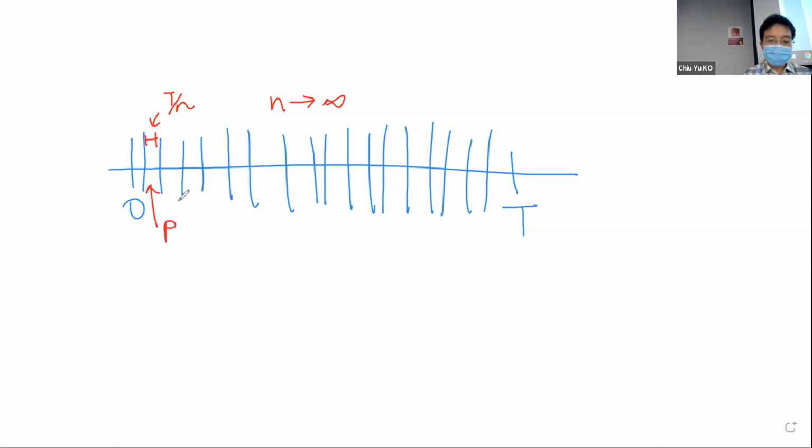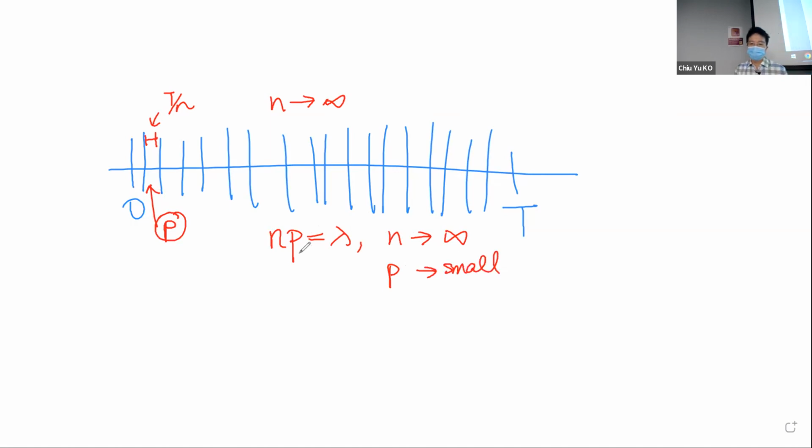So Poisson is asking how many events will happen overall in the period t, and each subperiod has probability p, and what we have in the limiting case is np equal to lambda, n going to infinity, right? And that means p is going to be very small, because when the two multiplied together is a constant lambda, p is going to be very small.